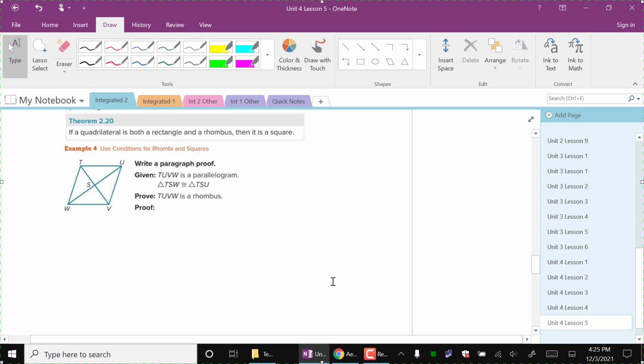So we want to write a proof that given that this is a parallelogram and knowing that the triangles are congruent, we want to prove that it is a rhombus, a special kind of parallelogram.